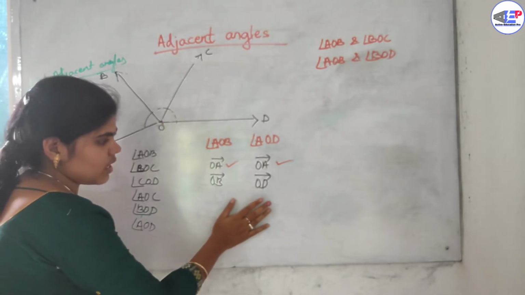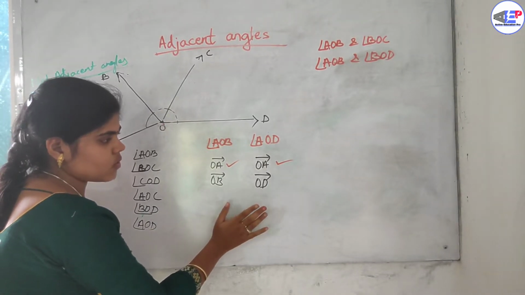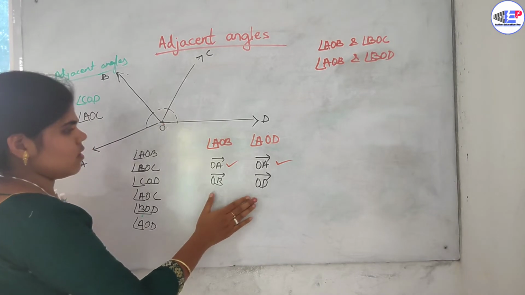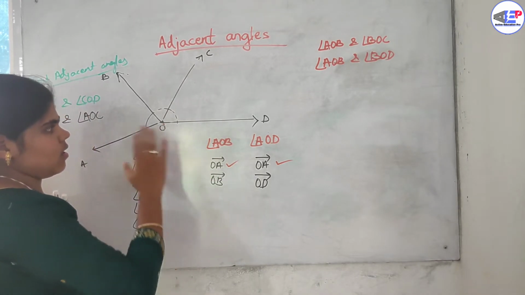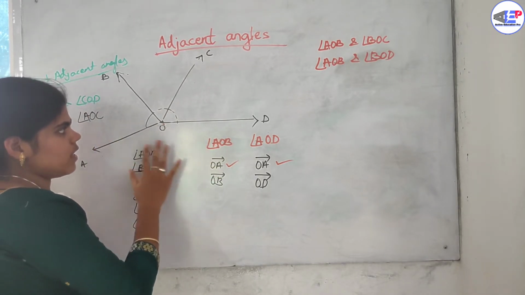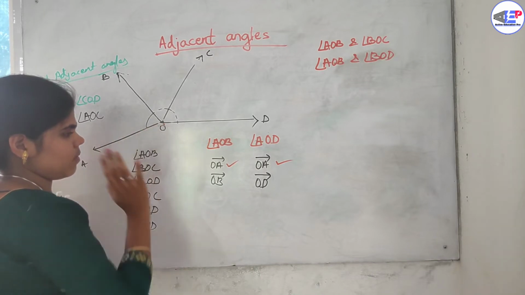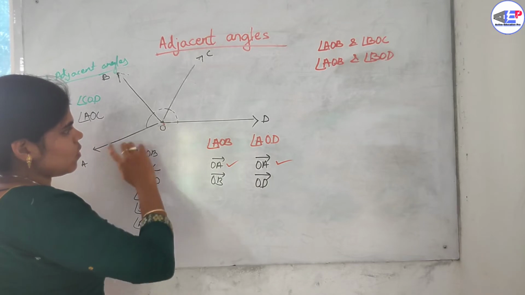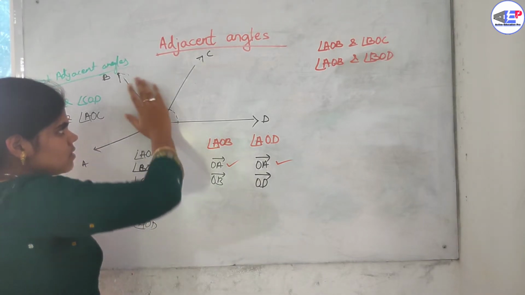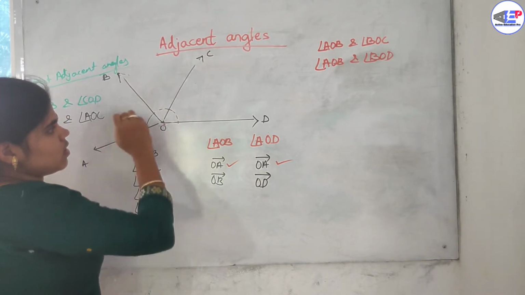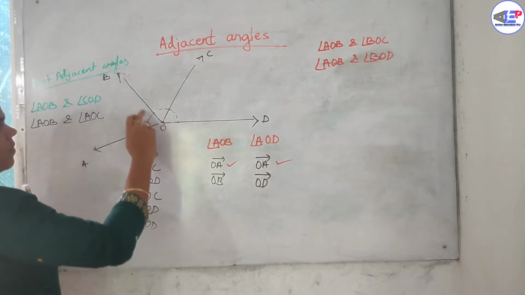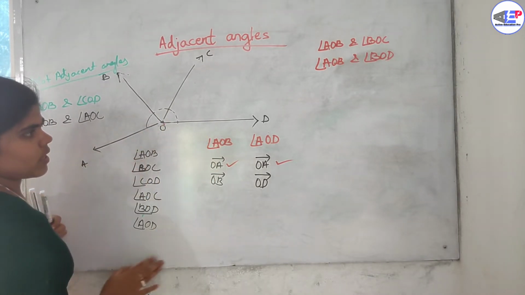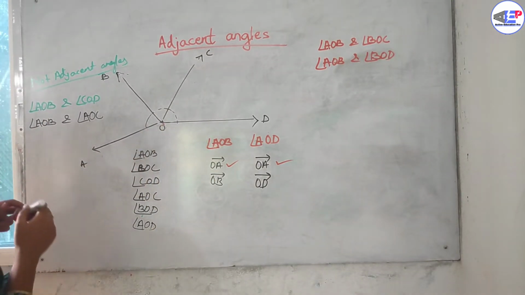OB and OD are the non-common arms, and they have to be present on either side of this common arm OA. But look here, OB and OD are present on the same side of these two angles. So these two angles are not adjacent angles.